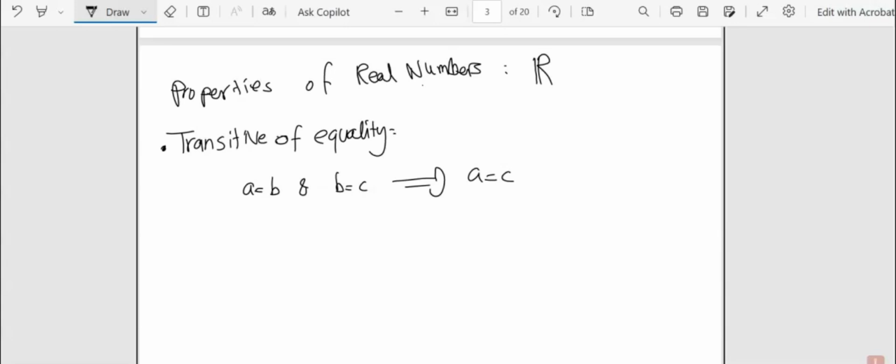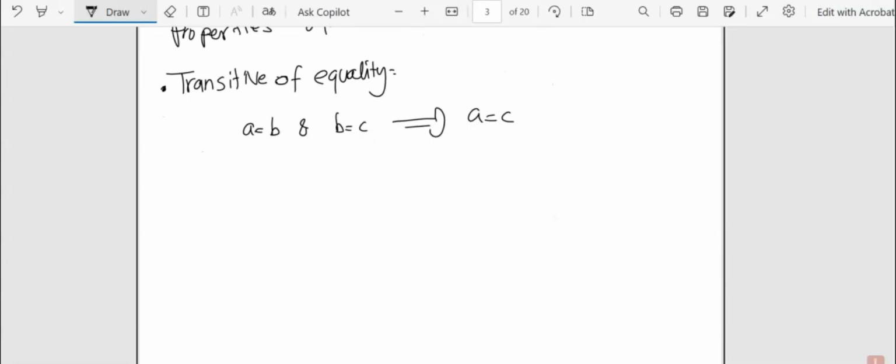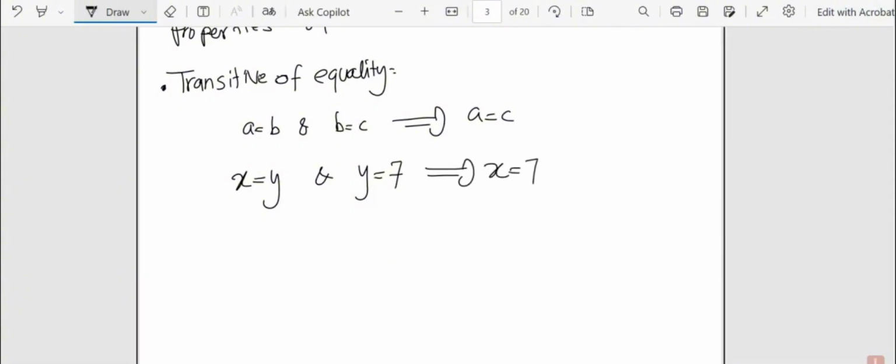We are starting really from the very beginning, and we'll go step by step until we build a strong foundation in mathematics, and then we could handle even further topics and maybe advanced mathematics content. For example, if I have x equal y and y equals 7, then also x is equal to 7, because the equality is transitive in the real numbers.